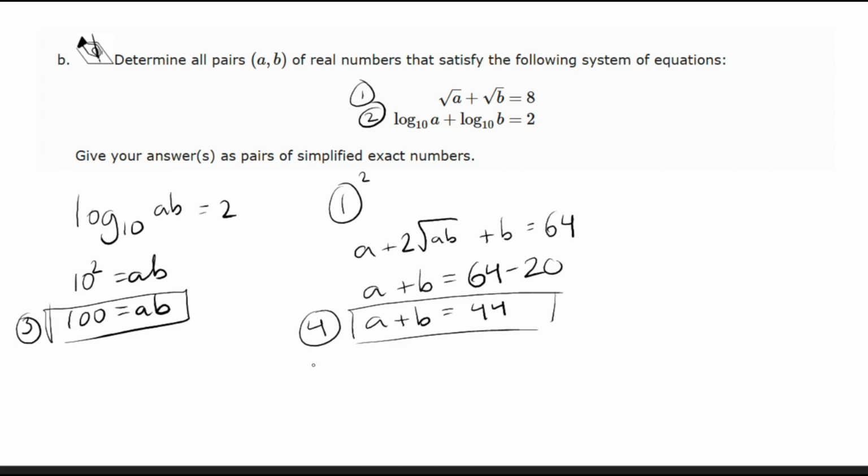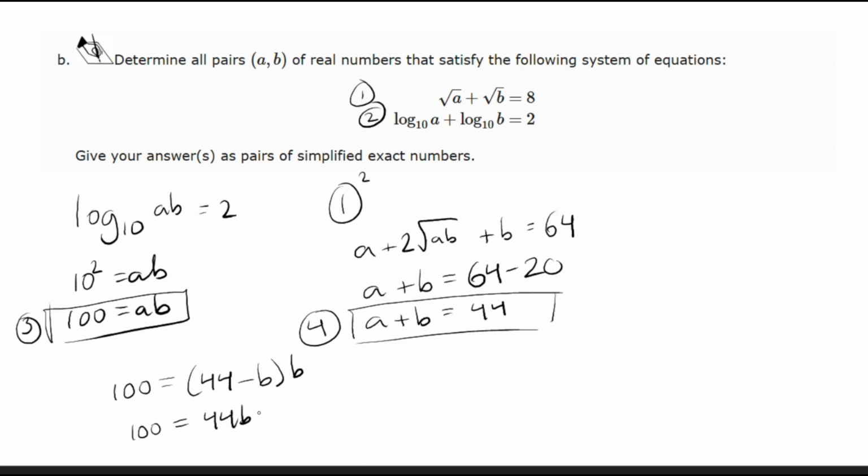Of course, we're going to isolate one of these variables and sub it in, because now it's actually much cleaner. And then we're going to get 100 is equal to, if we isolate a, we'll get 44 minus b times b. And if we expand, 100 equals 44b minus b squared.